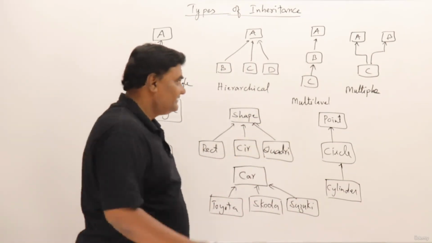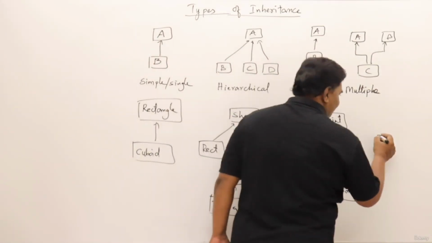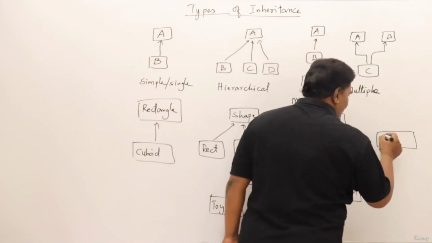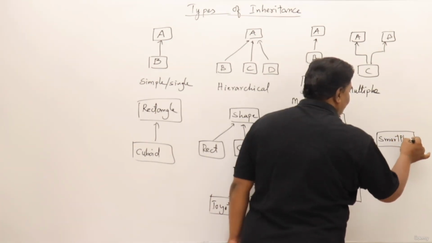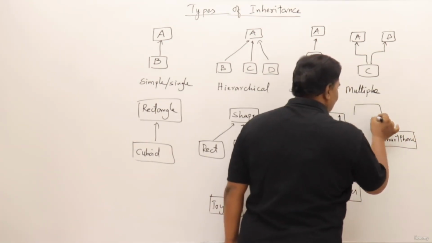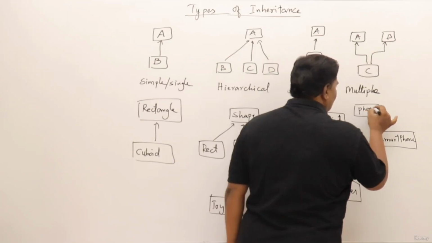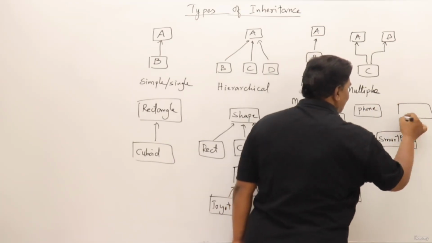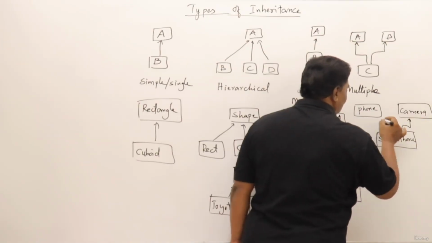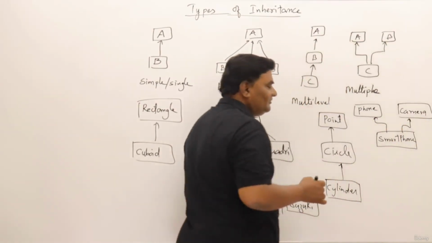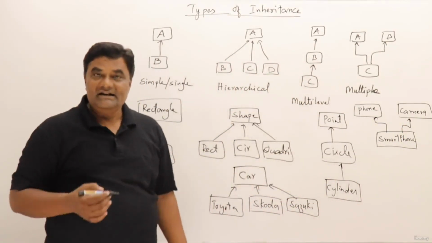Now finally, multiple inheritance. I'll give an example here. Suppose it's a smartphone. A smartphone is a phone as well as a camera. Though there are many things in this one, it has phone, camera and media player.